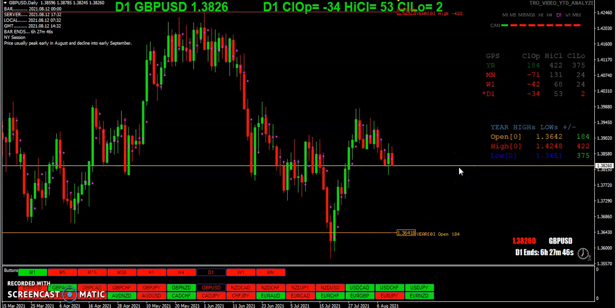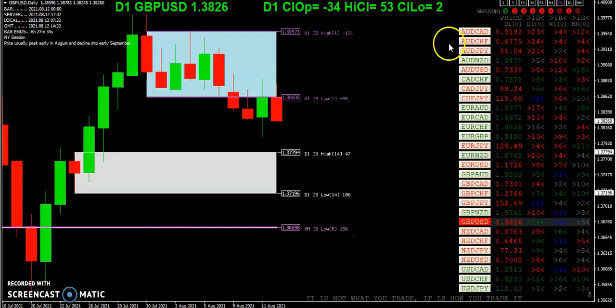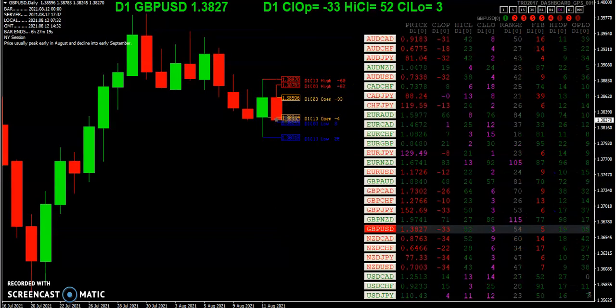184 pips above the yearly open. We're through that weekly inside bar, which was last week's weekly candle. You can see that's worth 34 pips at the moment.